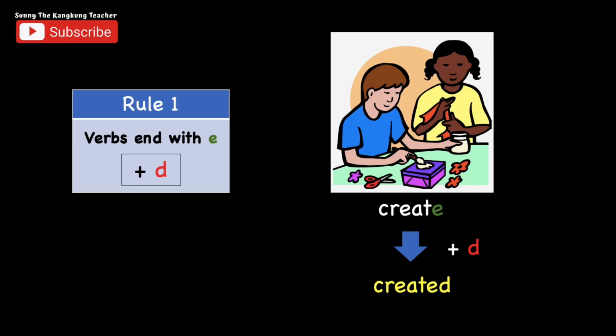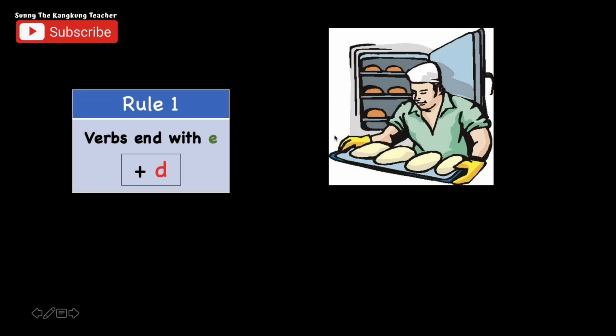Let's take a look at the second one. This action is bake. Bake. Same thing. This verb ends with an E, and we can use rule number 1 to transform this verb into its simple past tense form.